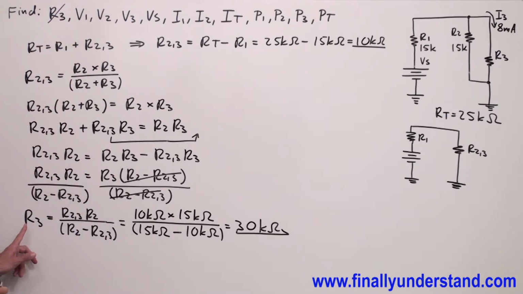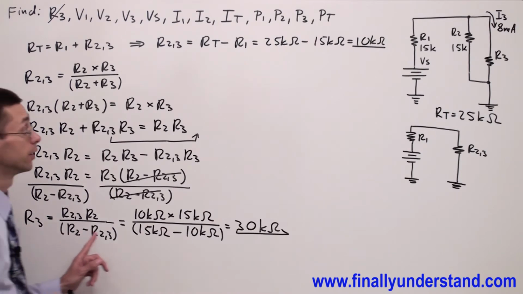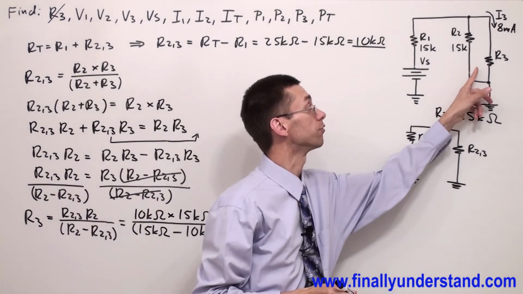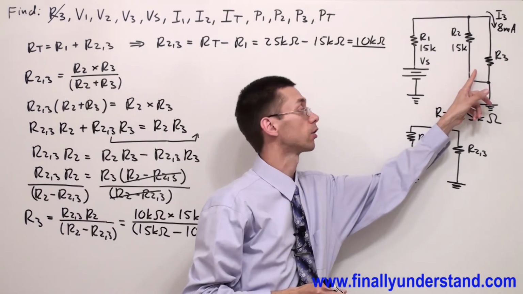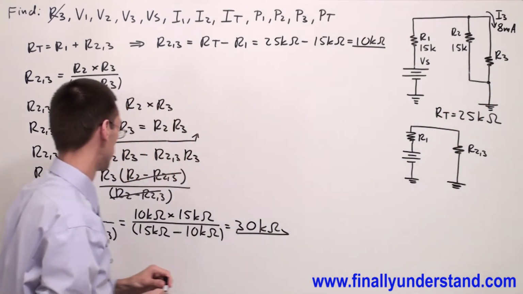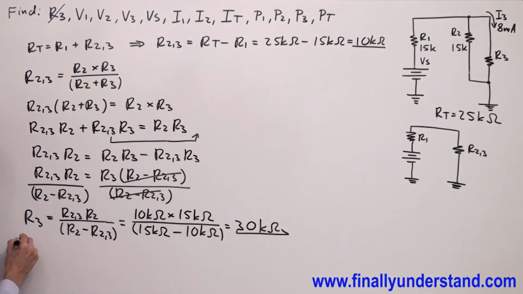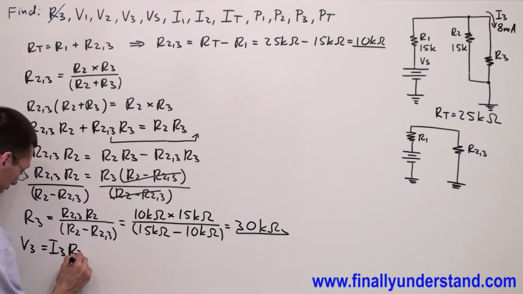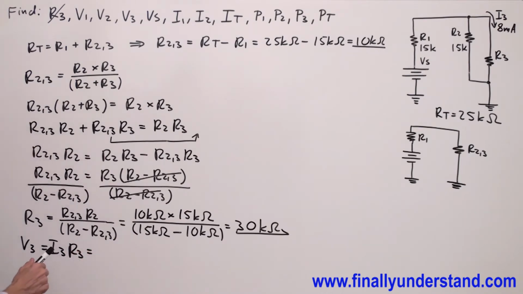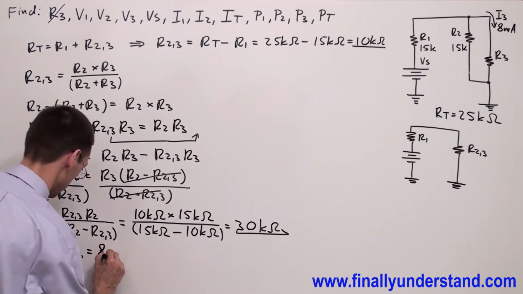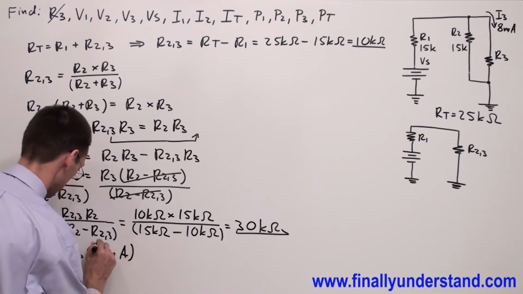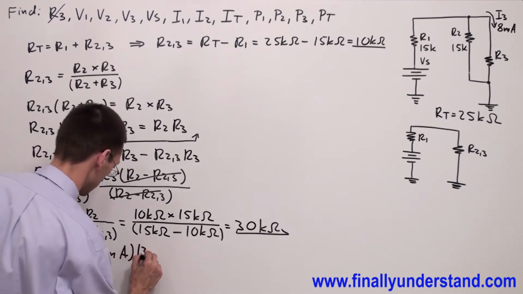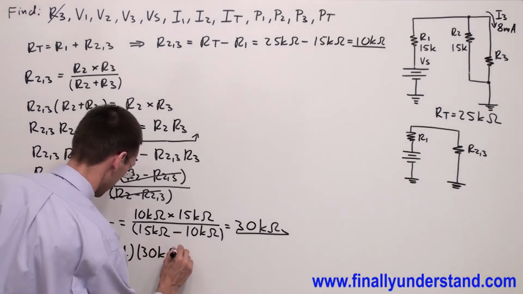So now I have resistance R3 and I have current I3. That's why I can find very easy the voltage across resistor R3. So V3 is equal I3 times R3. I3 is equal 8 milliamps times R3, which is equal 30 kiloohms.